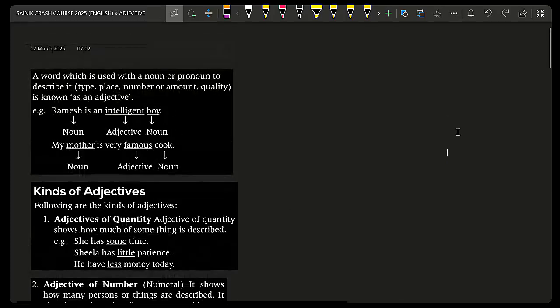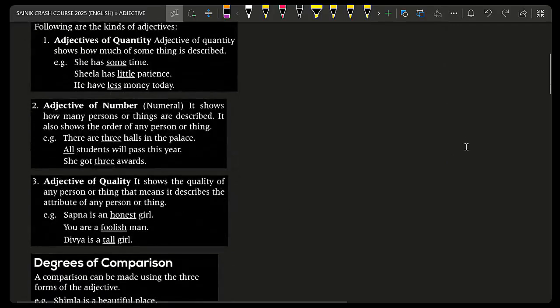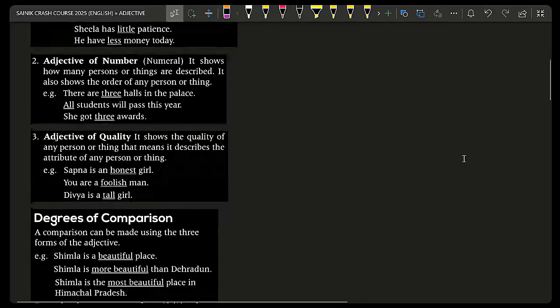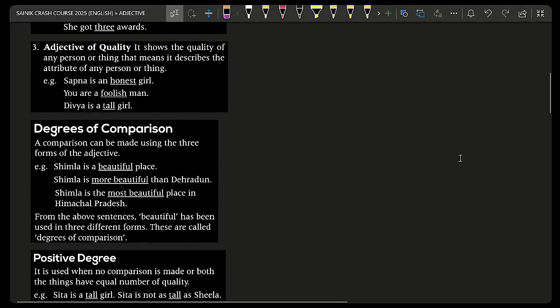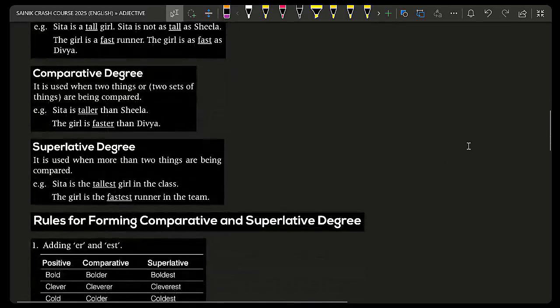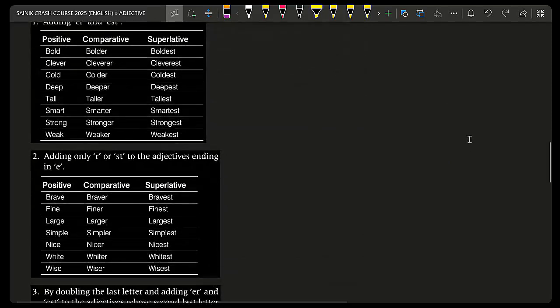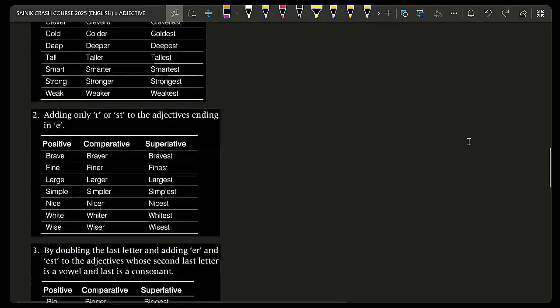So first we started with the definition of adjective, and then types of adjectives. We discussed adjectives of quantity. Quantity means how much size is there, and number means how many. Then adjectives of quality. And degrees of comparison, which we just discussed: positive degree, comparative degree, superlative degree. Then simply adding er and est is the first way, and adding r and st when it is already ending with e.